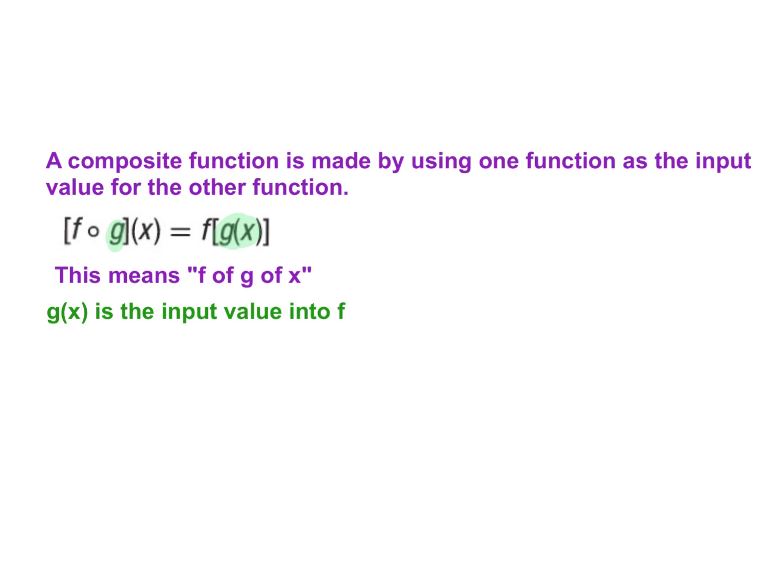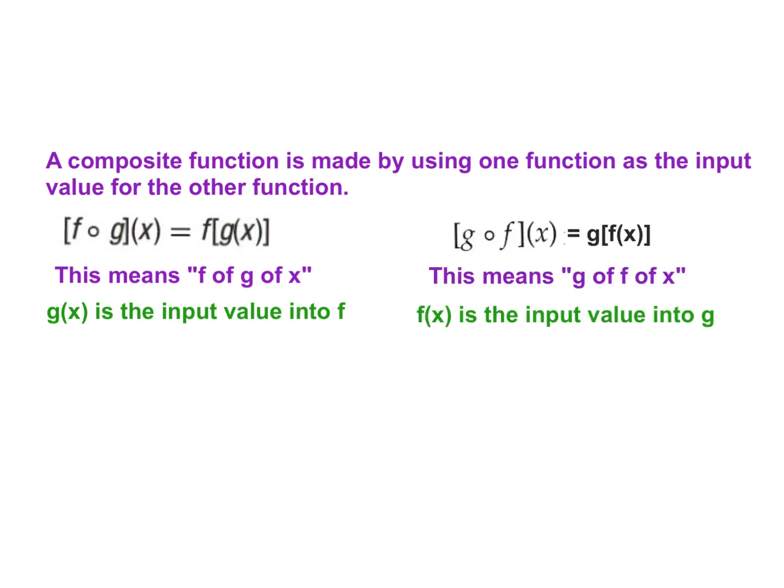Now, we can reverse the entire thing. Instead of having g as the input value, we can have g as the base function and f as the input value. Here's what all of that would look like flipped around. This order does matter.